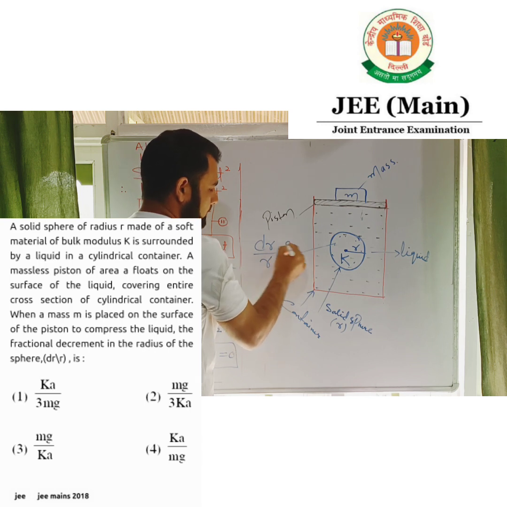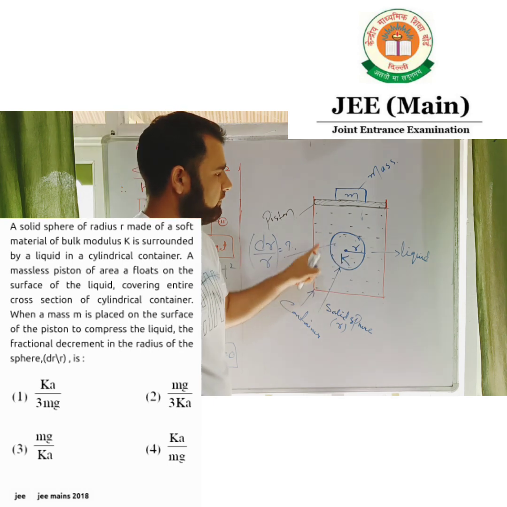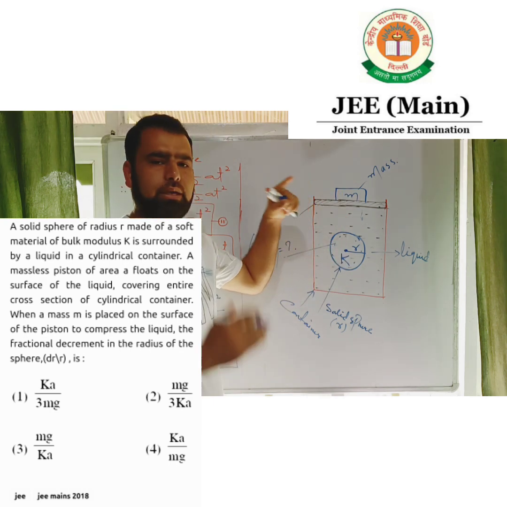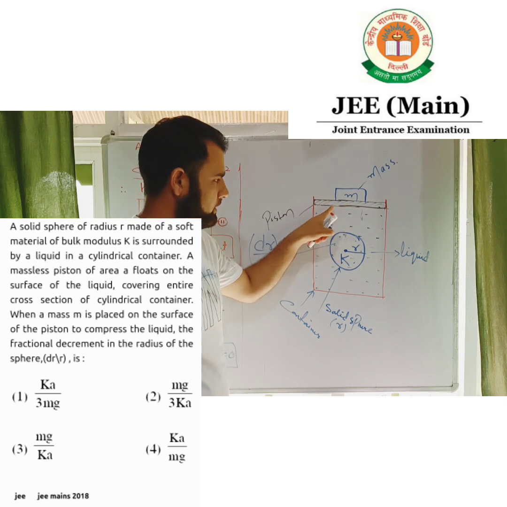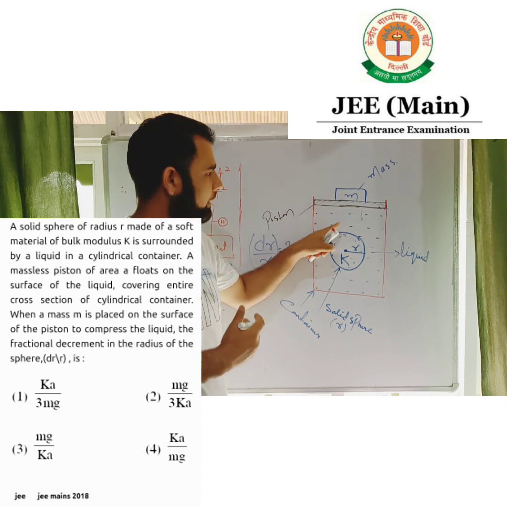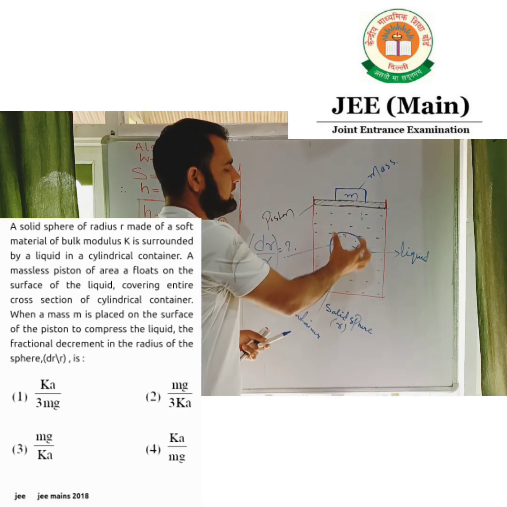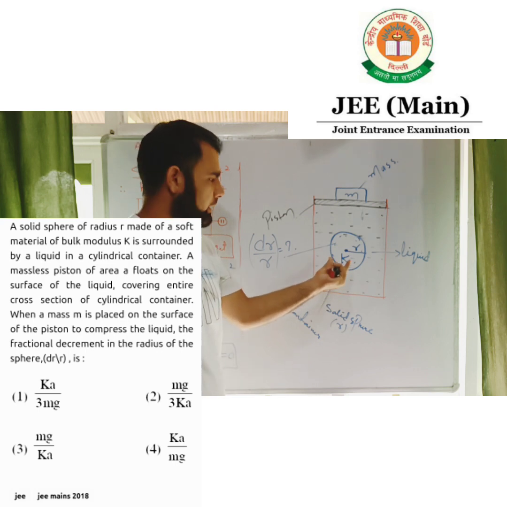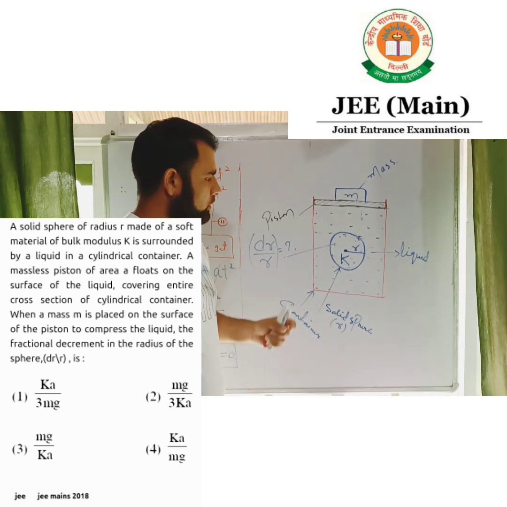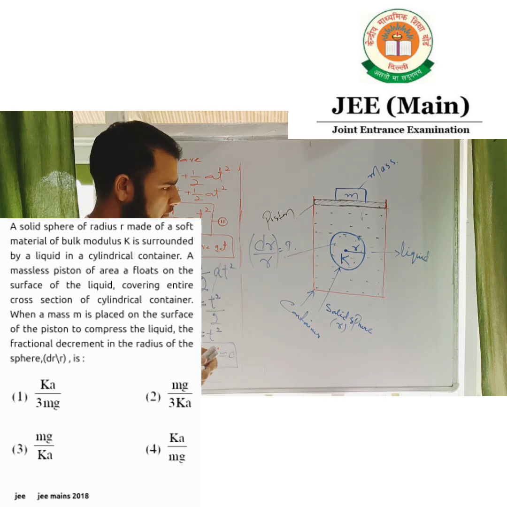What is its value when a mass m is placed on the top surface of this piston, as a result of which the liquid gets compressed? When the liquid gets compressed, there is a decrease in the radius of this solid sphere, as it is made of a soft material.